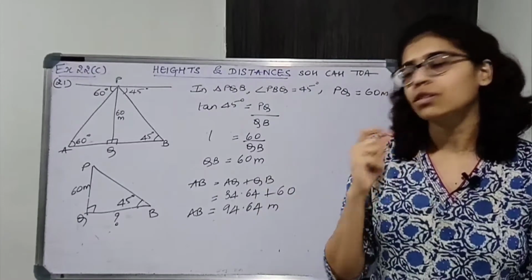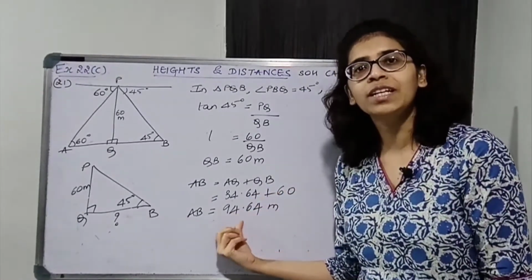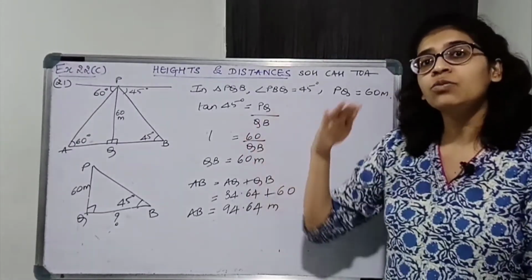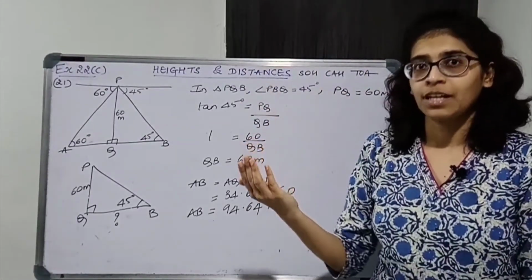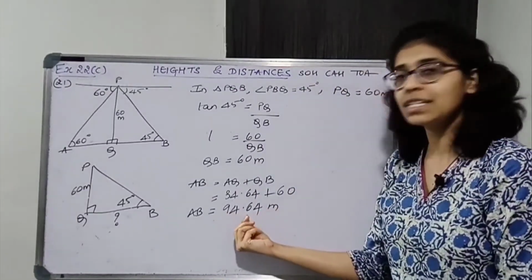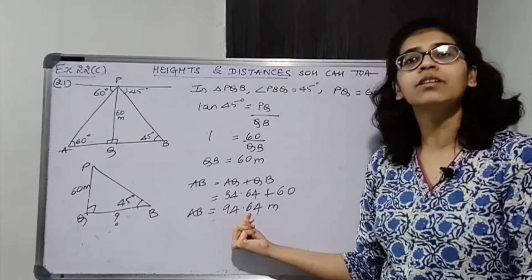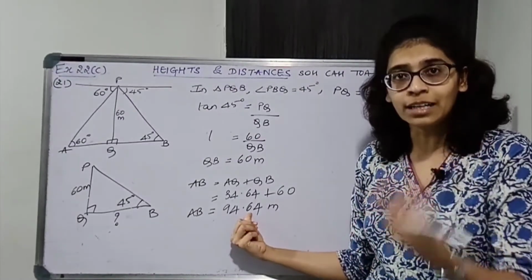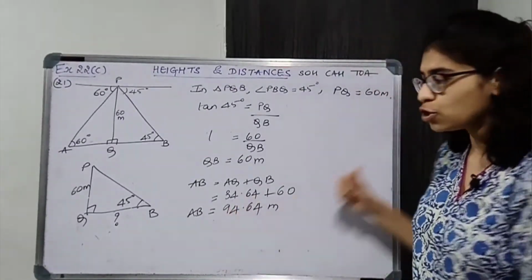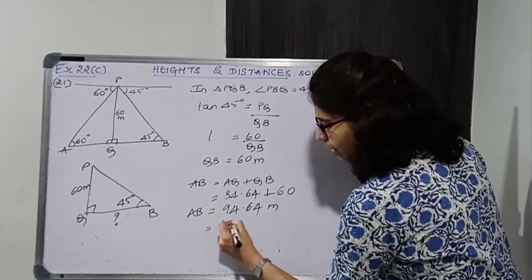Okay, so nearest whole number, we don't need decimal value. So 94.6, it is closer to 95 or 94. It is closer to 95. Okay, 94.6 हो गया. If there is a number after decimal point which is 5 or greater than 5, we add 1. Okay, so we'll add 1, so 95 हो जाएगा. So 95 meters.